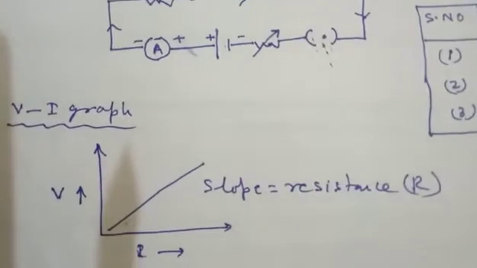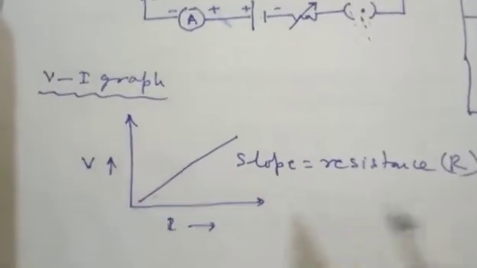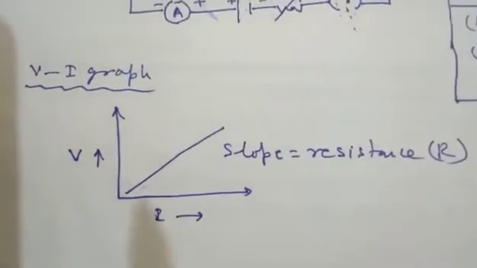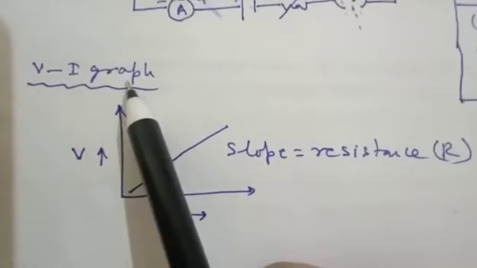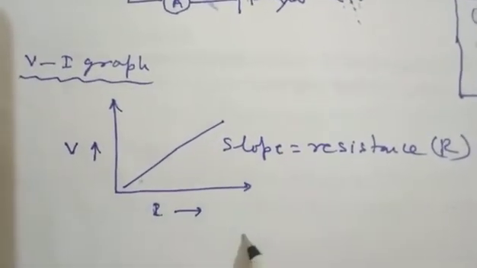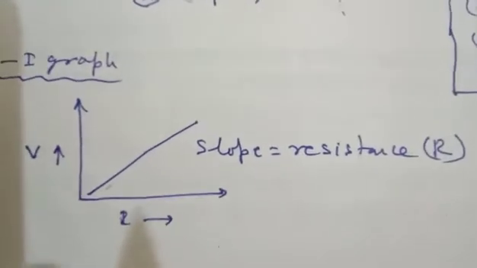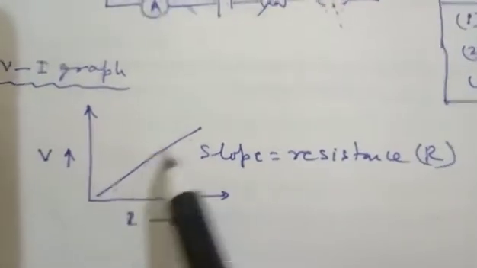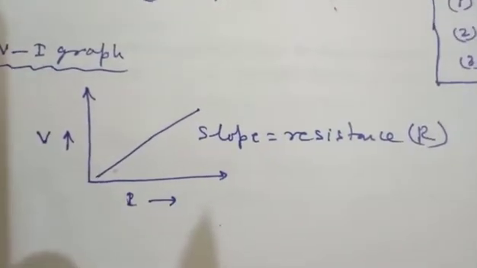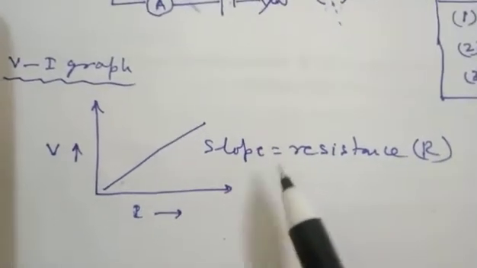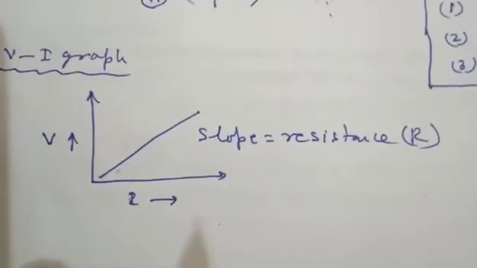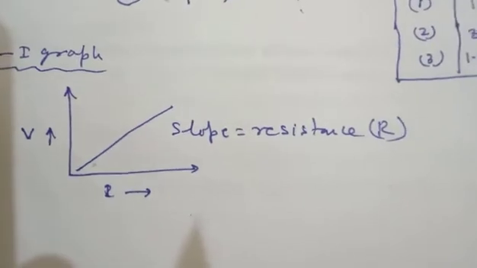On the basis of the data we get here, we will draw a V-I graph. In this graph, V will be on the y-axis and I on the x-axis, and the graph will be of this pattern, a directly proportional graph, and the slope of the graph will represent the resistance of the conductor.